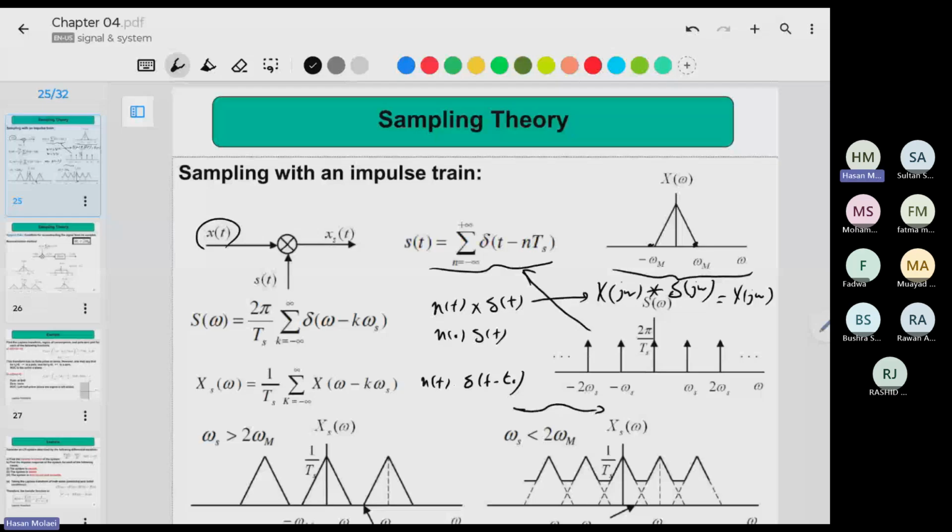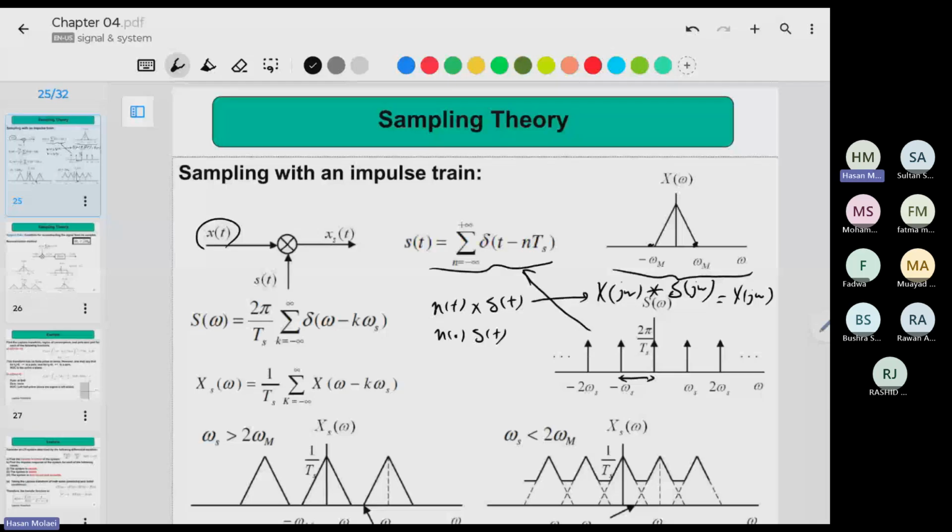This one I shouldn't say, because we want a periodic signal. If I have a periodic train of impulses, if you remember, its Fourier transform would be again a train of impulses in the frequency domain.